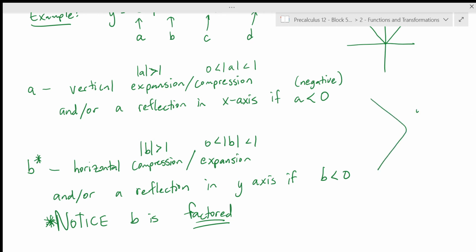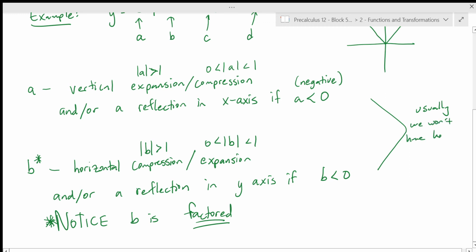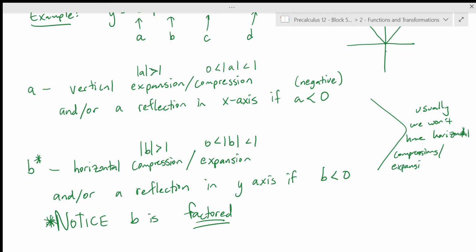Usually though, for any of the functions, these 6 base functions we're talking about now, we won't have horizontal compressions or expansions. And there's certainly no need to have horizontal compressions or expansions in the same function as a vertical expansion or compression.